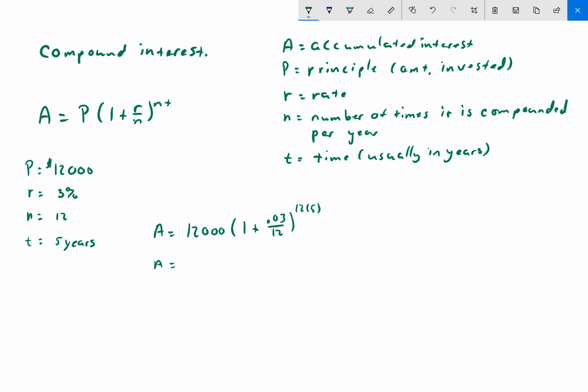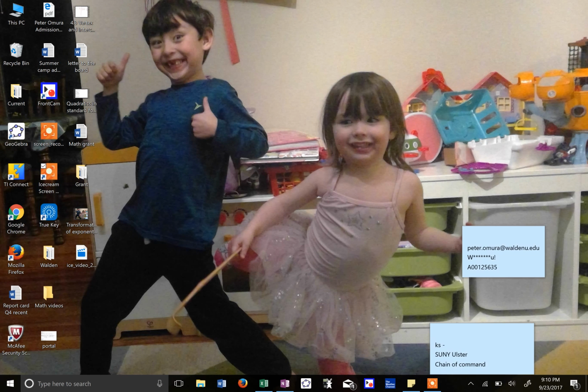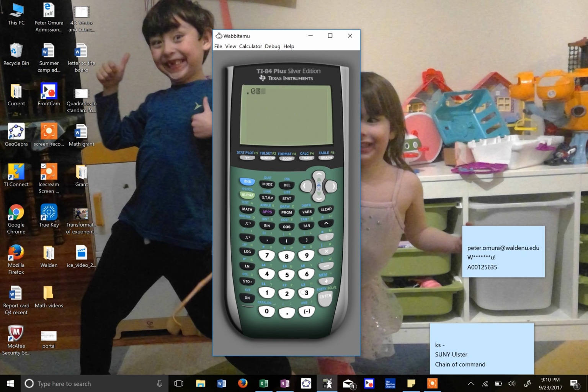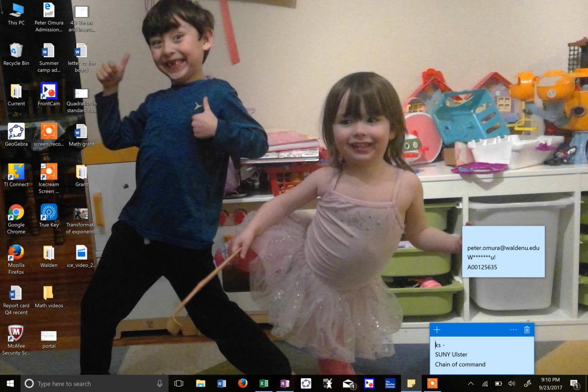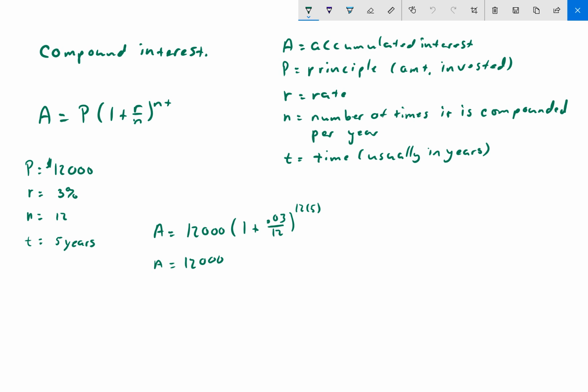Now, that's going to be 12,000, and 0.03 divided by 12 gives us 0.0025. So 1.0025, and the exponent ends up being 60.